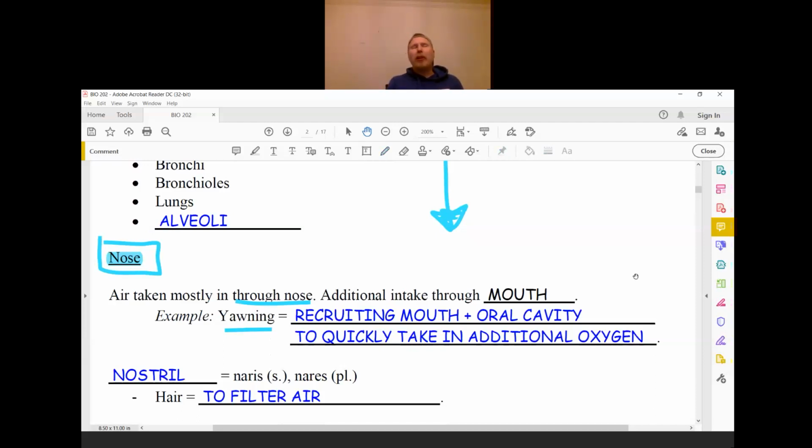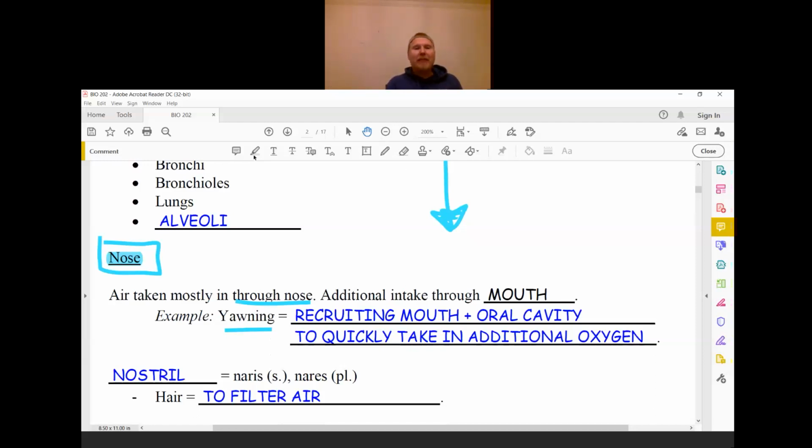But from a physiological sense, yawning recruits the mouth and oral cavity to quickly add in more oxygen when our body is giving us an indication that oxygen levels are kind of low. That's what yawning mainly serves, and that's why it's easy to see the saying that yawning spreads throughout the room. Well, if the oxygen levels in the room are low, then it's more likely that more people will have that physiological response.